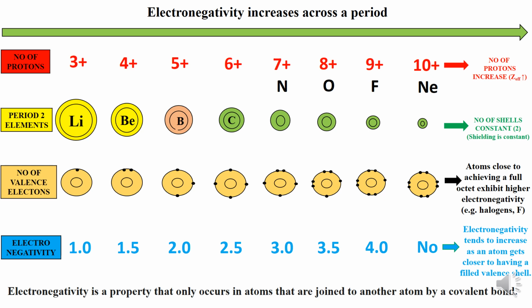And most importantly, electronegativity is a property that only occurs in atoms that are joined to another atom by a covalent bond, which the noble gases fail to do, and they do not participate in any chemical reaction, and therefore no electronegativity value is assigned to the noble gases because of their stable electronic configuration.